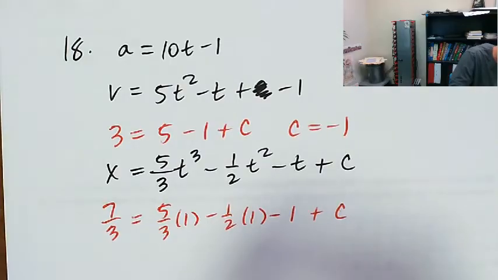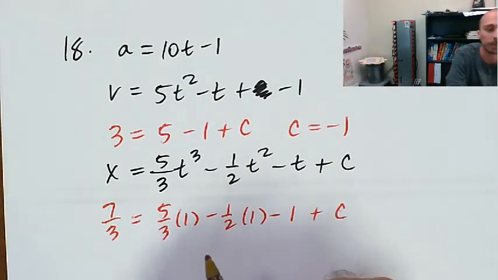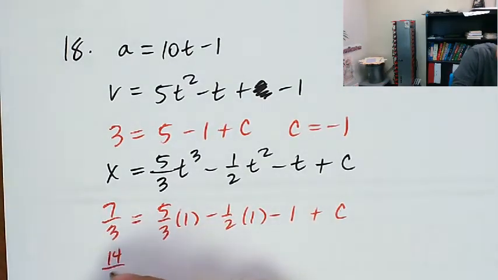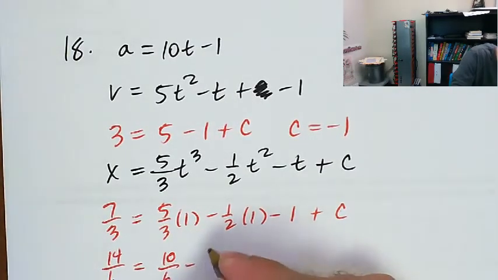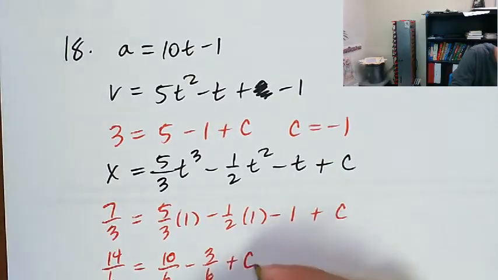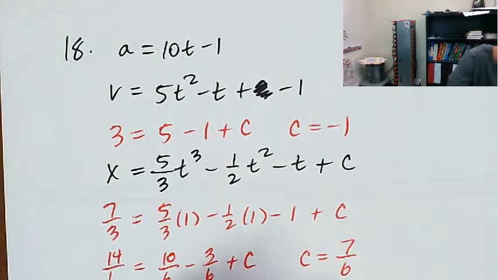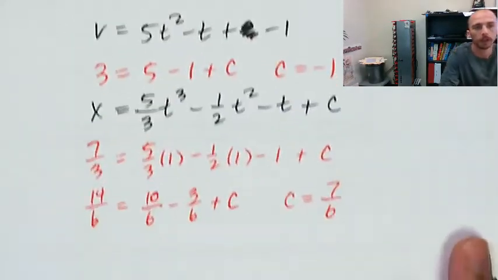Oh, man. Let's turn this all into sixths. I'm going to say that's 14 over 6 equals 10 over 6 minus 3 over 6 plus c. Yeah, that's the thing to do. So c is going to equal 7 over 6, right? Because 7 over 6 plus 7 over 6 equals 14 over 6.